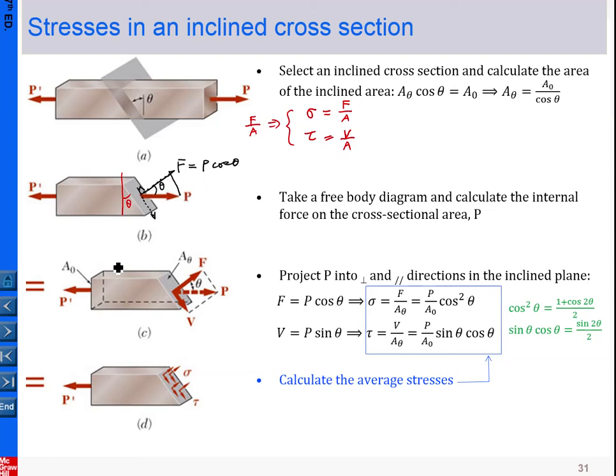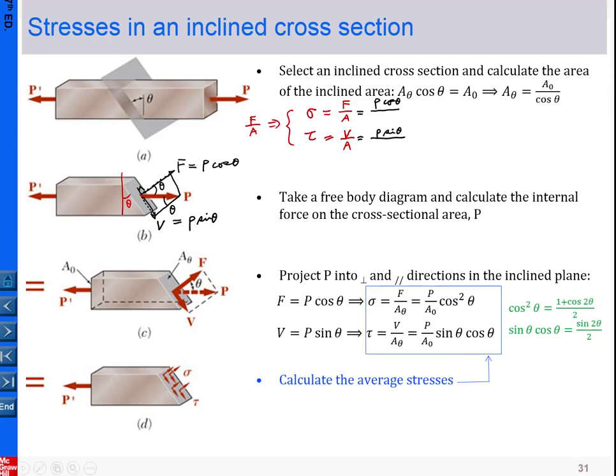And this force is parallel to the cross section, so we use V. V means shearing, and using this triangle, with this angle theta, you can determine V equal to P times sine theta. Therefore, F equals P cosine theta and V equals P sine theta.